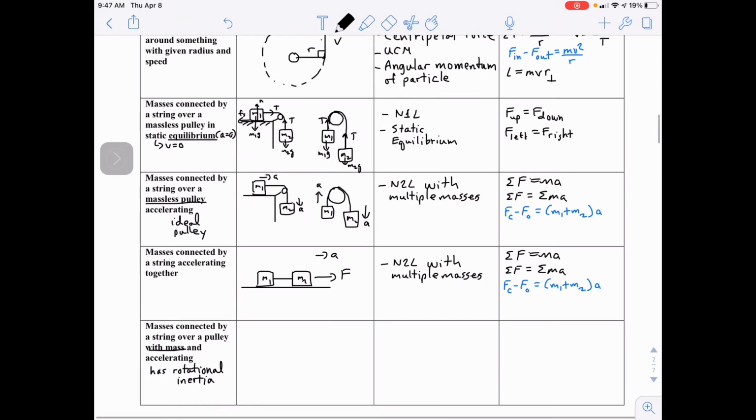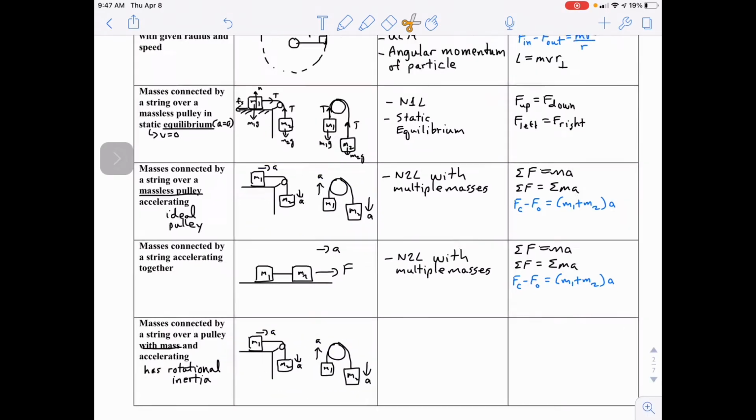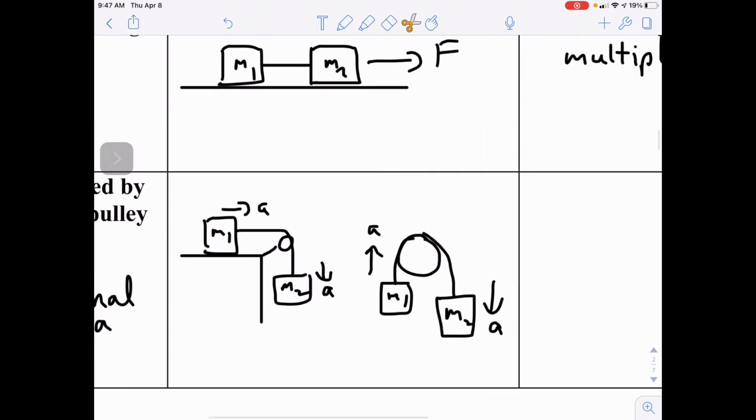So if we take the exact same scenarios that we had before, we would have a mass accelerating, or two masses accelerating, but this time you'd be given the radius of the pulley and the mass of the pulley, because now the mass of the pulley matters.